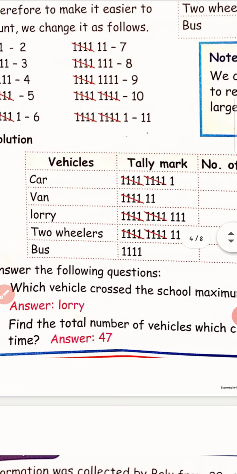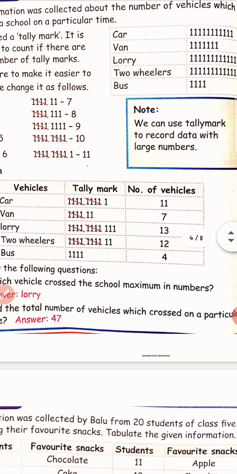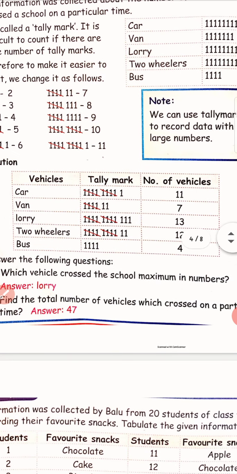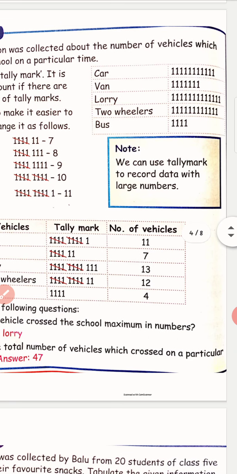Next we draw the tally mark. They have given the vehicles, and next you put the tally mark and the number of vehicles. So the first vehicle is car. Totally eleven are given here.